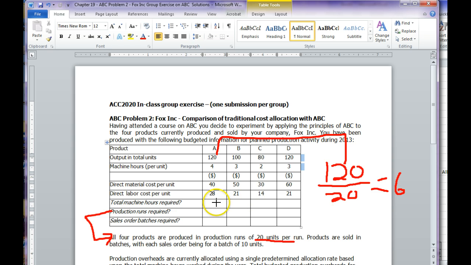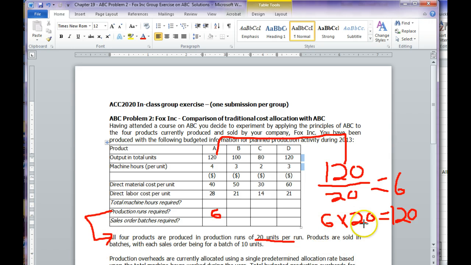So I know here I'm going to have to do 6 runs to make 120 units. Why? Because 6 runs of 20 units, at least last week this worked, was 120. So unless the physical laws of the universe change, that should work out.